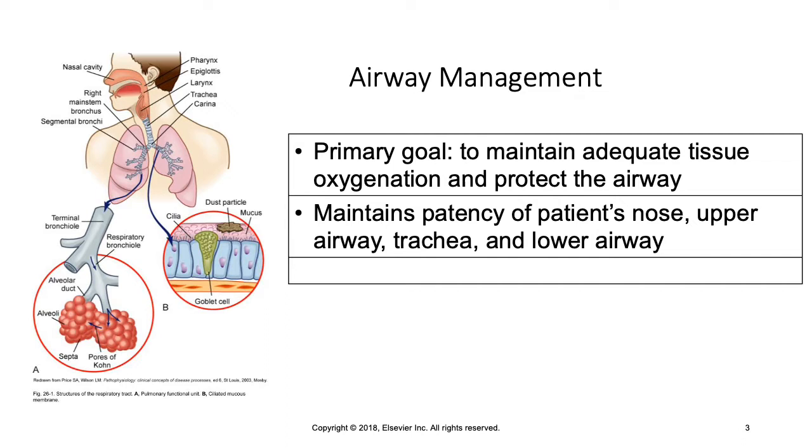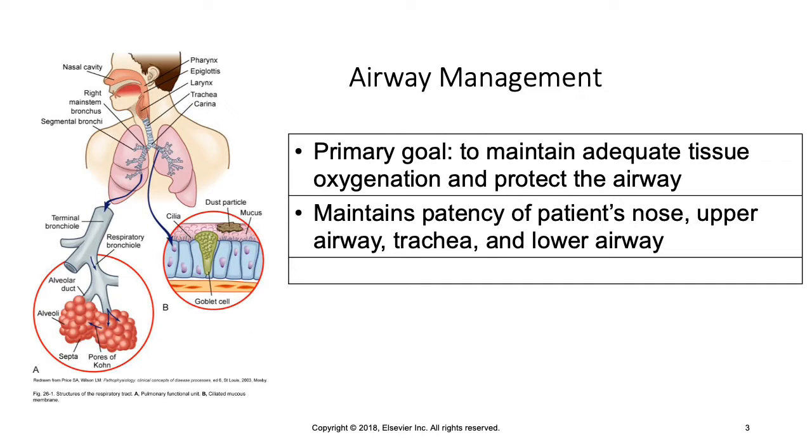The trachea will bifurcate into the right and left main stem bronchi at a point called the carina, which is an area that I want you to remember as well. The carina is very sensitive, so if it's touched with a suction catheter, the patient will start coughing vigorously.